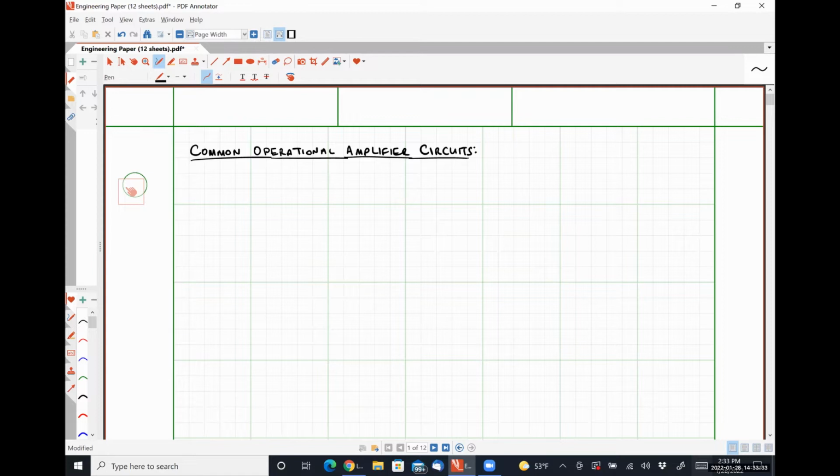So the first circuit that we're going to look at is called a buffer amplifier. So in a buffer amplifier, we have the following configuration.